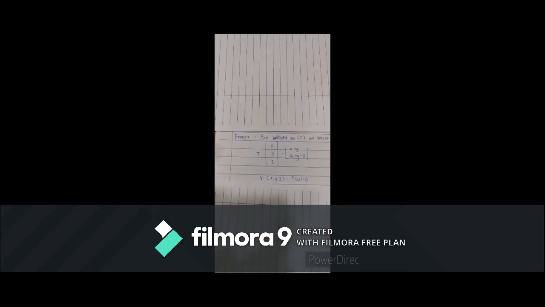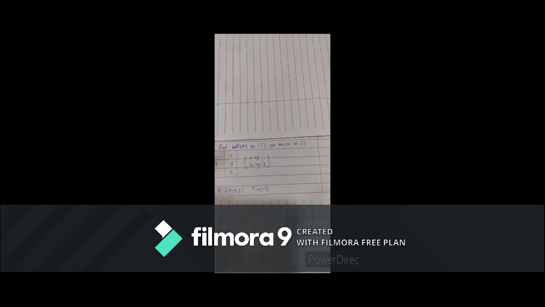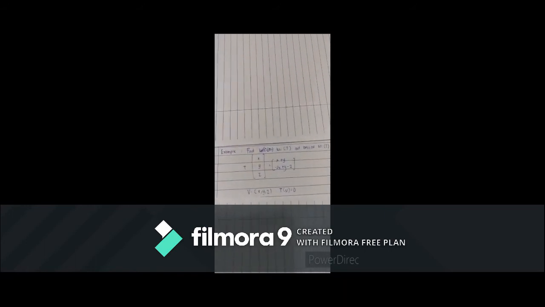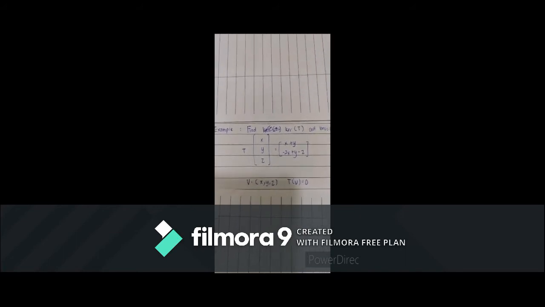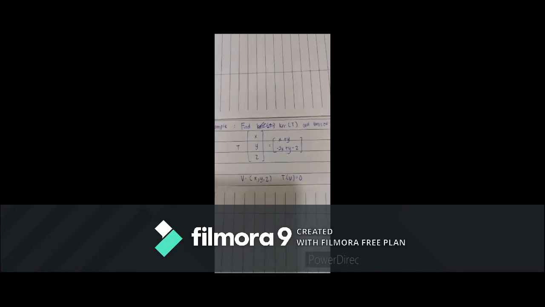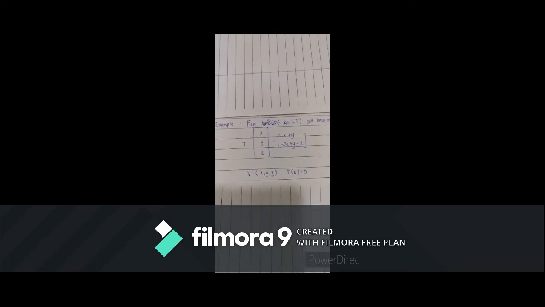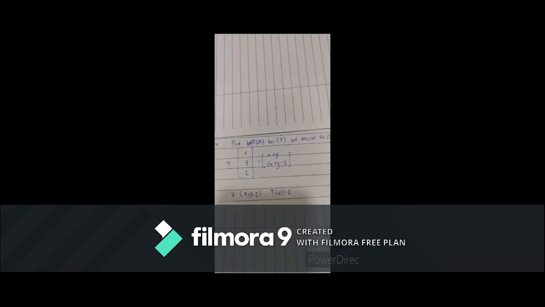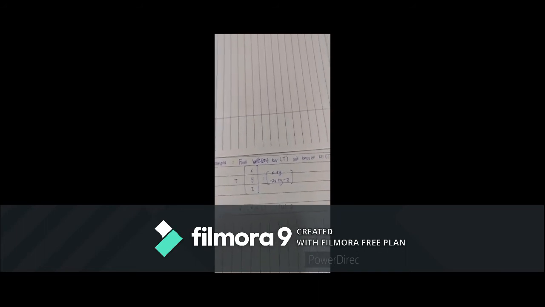So the question is find the kernel and basis of the kernel. Here's the question: T(x, y, z) equals x plus y and negative 2x plus y minus z. So the first thing is we must know about the theorem, the corollary.